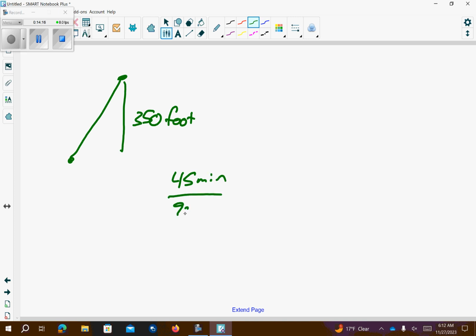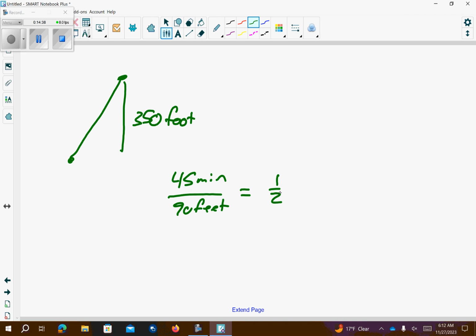They did 90 feet. So you can reduce 45 over 90 to 1 over 2. So for every 1 minute, they climb 2 feet. And then, so that's like the answer to number 8.